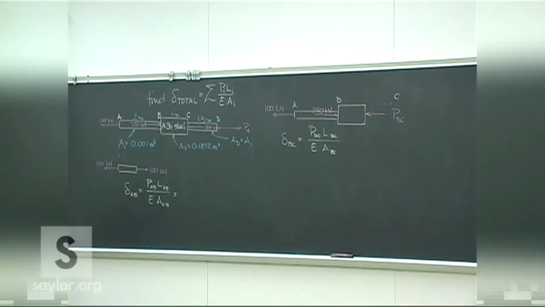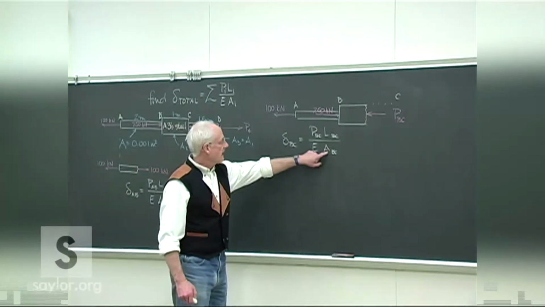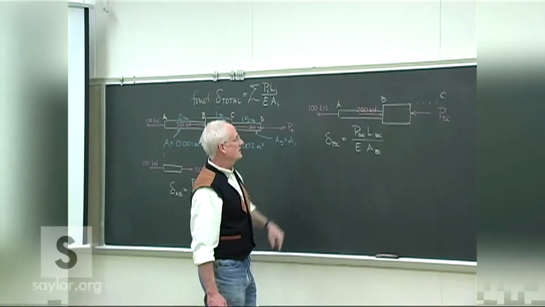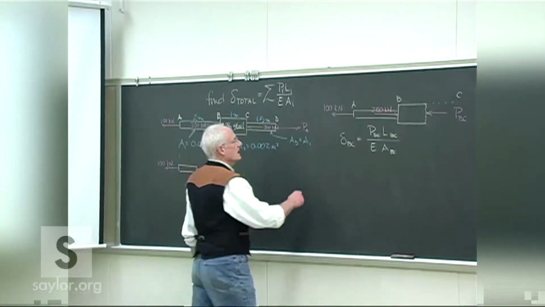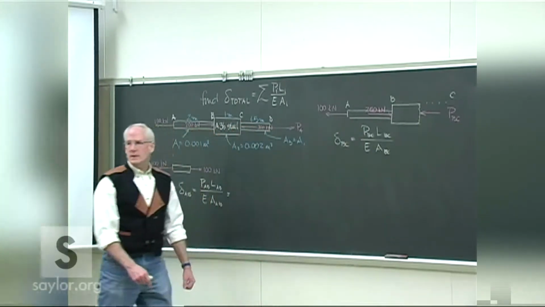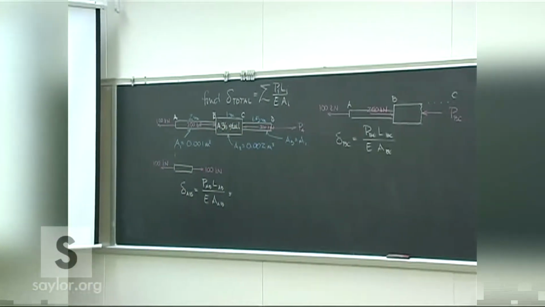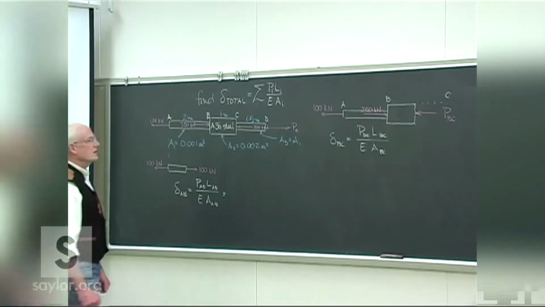And again, you have to make these imaginary cuts anytime between changes in area, because of that, changes in material because of E. This one happens to be all one material, it doesn't have to be. And anytime new loads are applied. So you can imagine some pieces can get pretty involved as you go through all this.